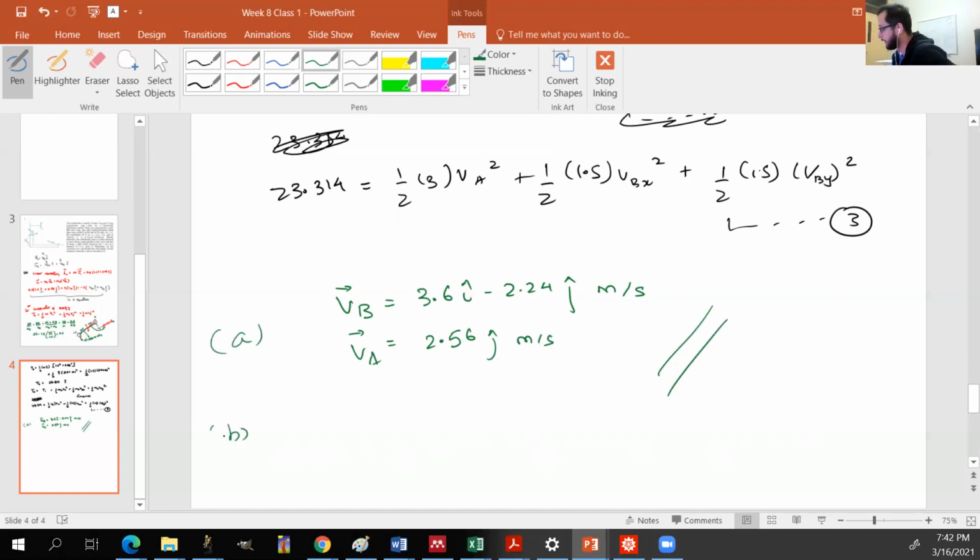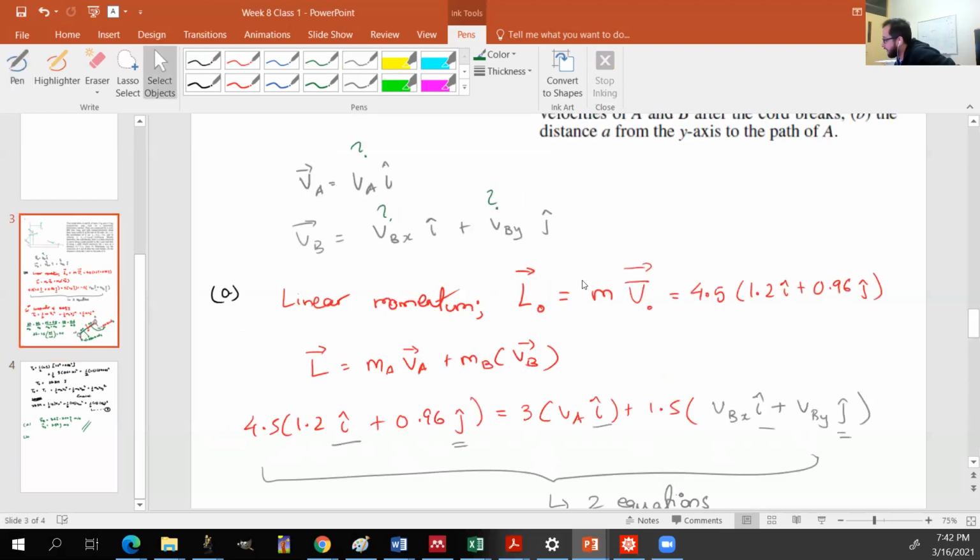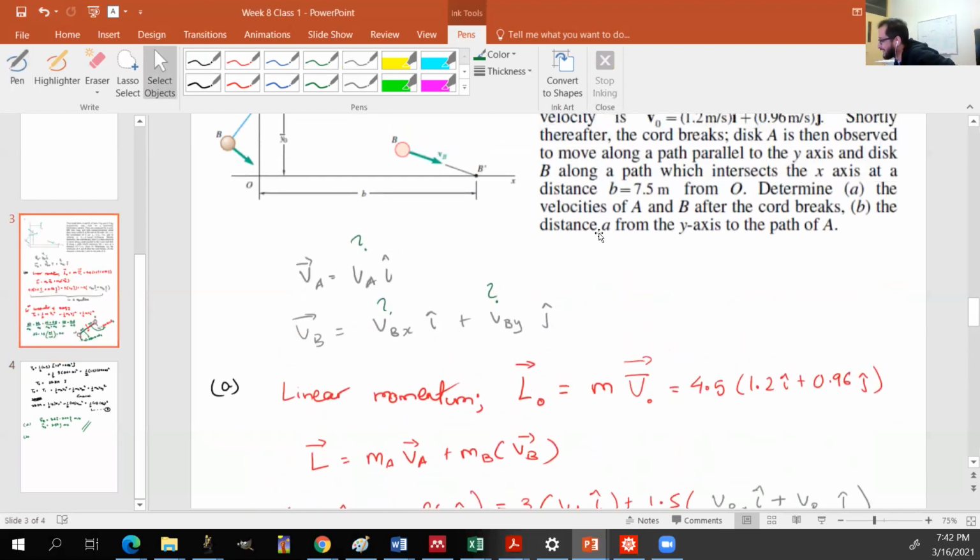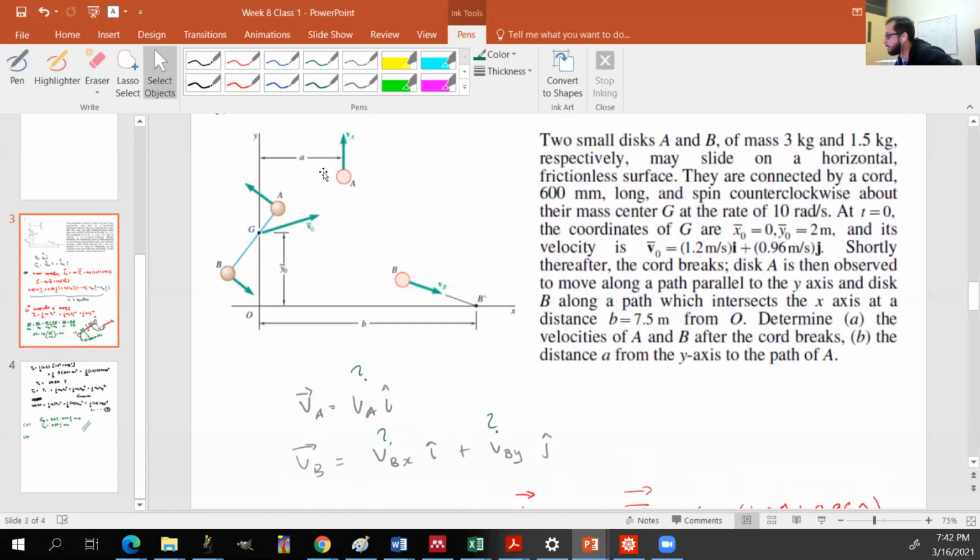For part B, the trick there is that whenever it's asking you for this distance A from the y-axis to the path of A, immediately you can think it has to do something with the angular momentum. And we've learned a lot about angular momentum, right?